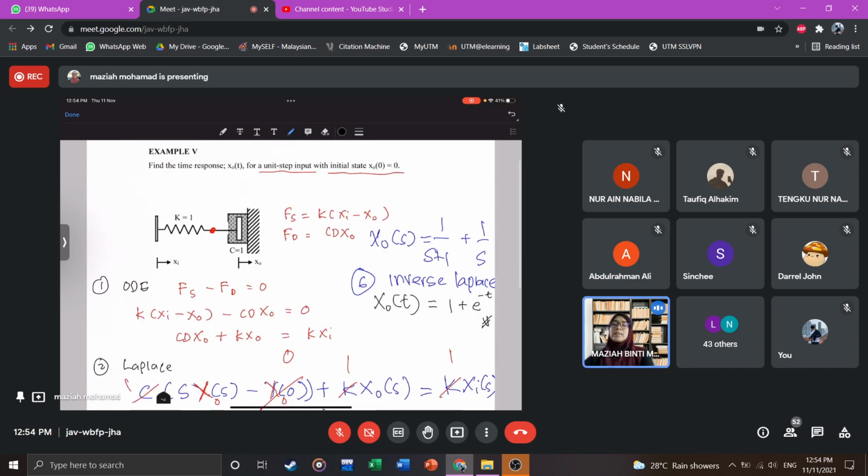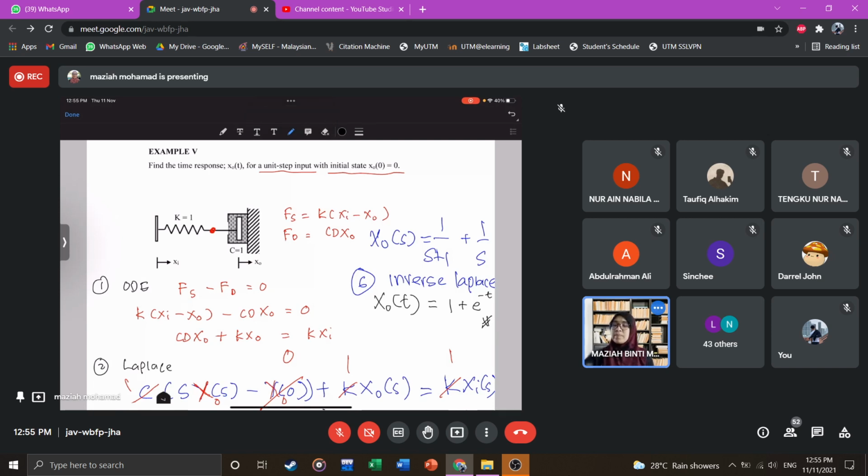And then step 6 will be inverse Laplace, where finally we get the solution of the ODE, which is the time response of the system, which is 1 plus exponent negative t. So that's what we're going to do in time response analysis. Okay, any questions so far?